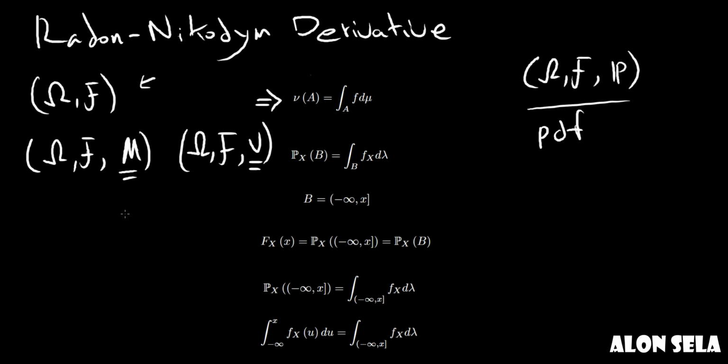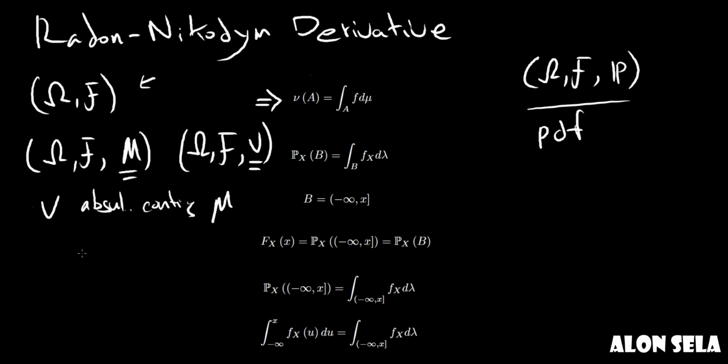Now we need to get a grip of the concept of absolute continuity. So let's say that the measure nu is absolutely continuous with respect to the measure mu. Let's understand what it means.